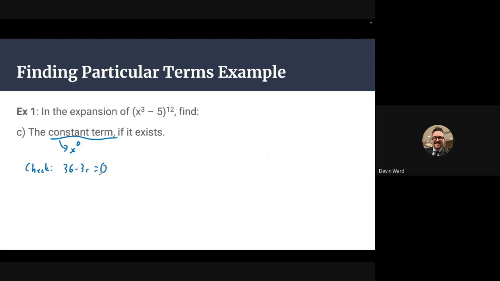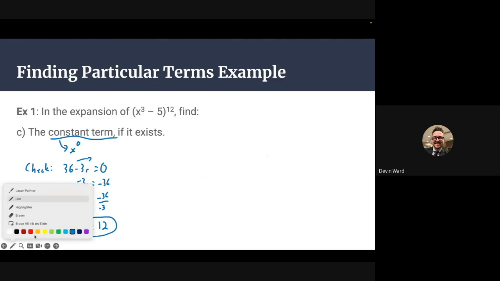Now we can bring the 36 over again. We'll have negative 3r is equal to negative 36. r is equal to negative 36 divided by negative 3, so r is equal to positive 12. This is a whole number, so we know that our check is good. Now we know what r is.